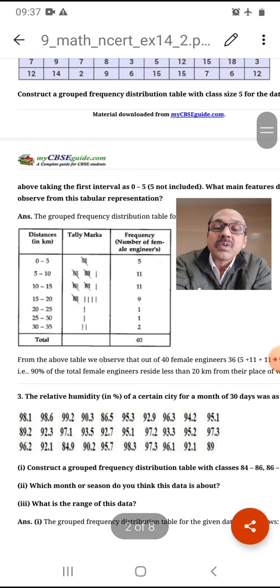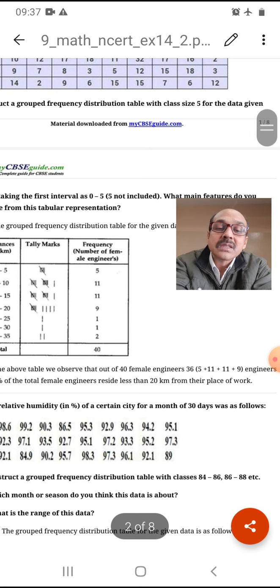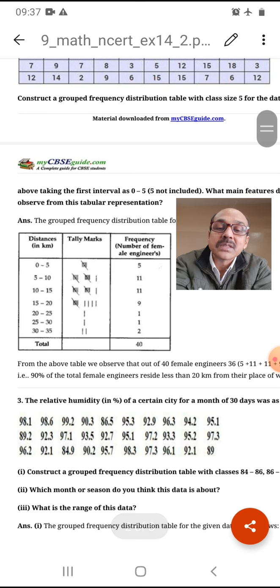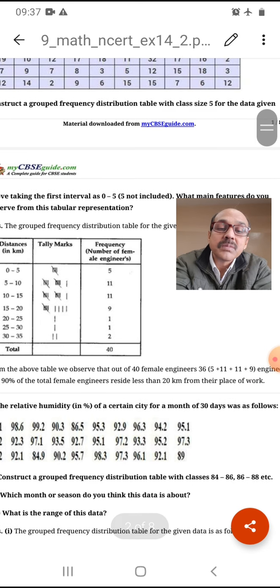Now from the above table we observe that out of 40 engineers, that is 5 plus 11 plus 11 plus 9, that is 36. 36 is 90% of the total engineers who reside less than 20 km from their place of work.